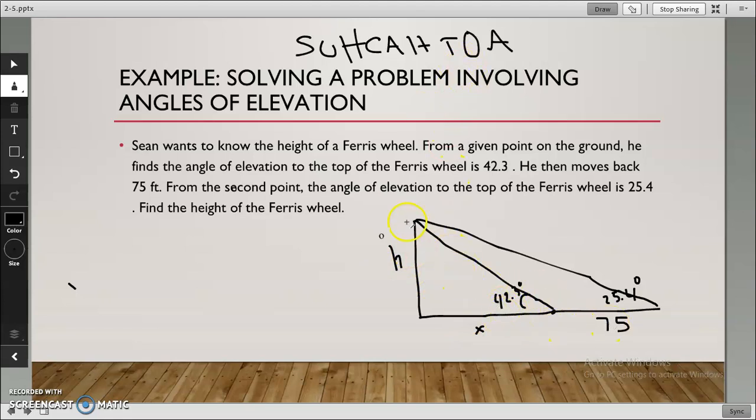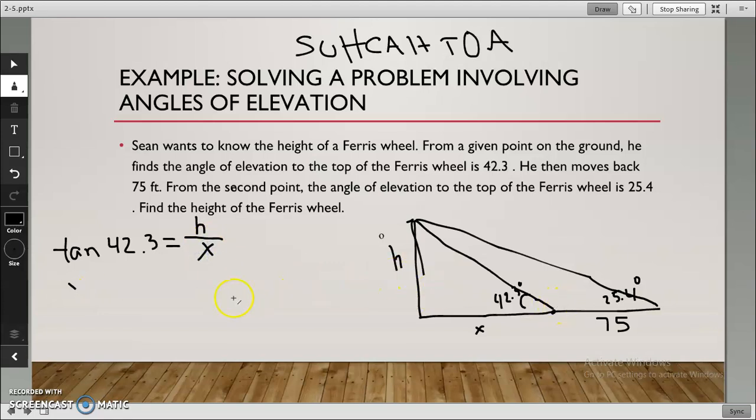So for the first one, looking at the first triangle here, I would say it is tangent of 42.3 is equal to my opposite, which is my height, over my adjacent, which is x.